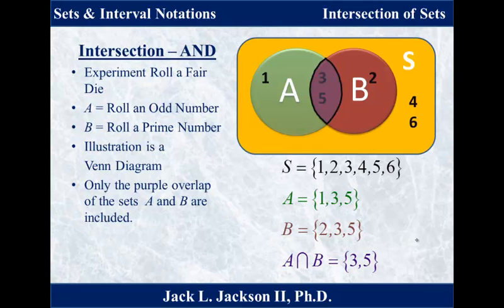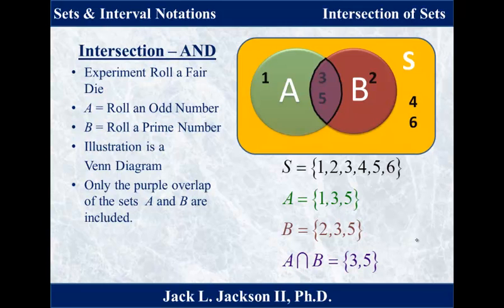So B is represented by what's inside the red circle, 2, 3, and 5. A is represented by what's inside the green circle, 1, 3, and 5. S is what's represented inside the whole outside shape. So that includes 1, 3, 5, and 2, but also 4 and 6.